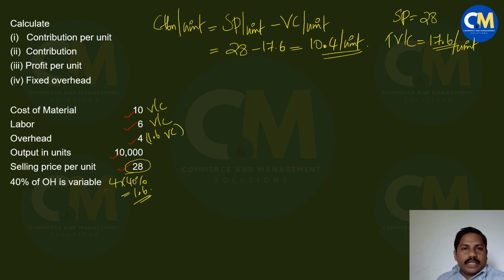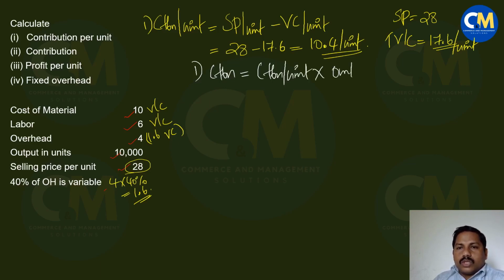Then we have to calculate total contribution. So first question is this one. Then we need to calculate total contribution. How to calculate total contribution? Contribution is equal to contribution per unit into output. How much we are producing, just multiply that.